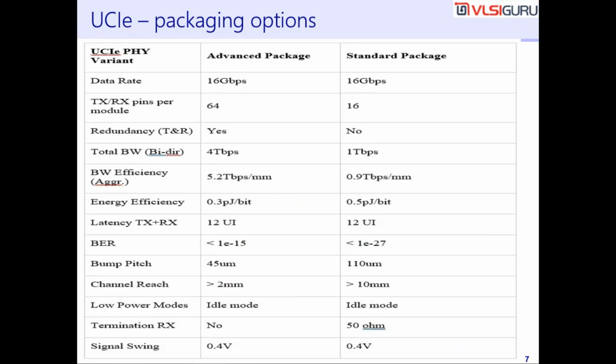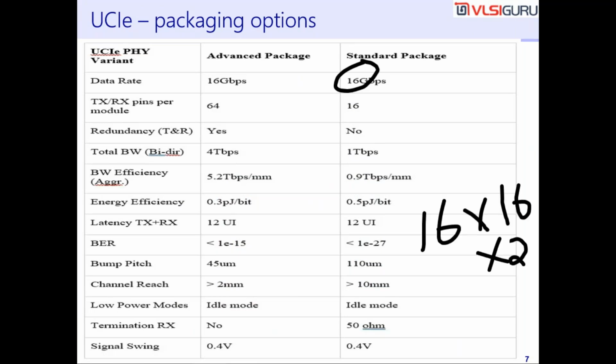We can do the calculation once. 16 gigabits per second into 16 pins into 2. 2 means bidirectional. 256, 512 gigabits it will come. Bidirectional, we only need to understand how it comes to 1 terabit.